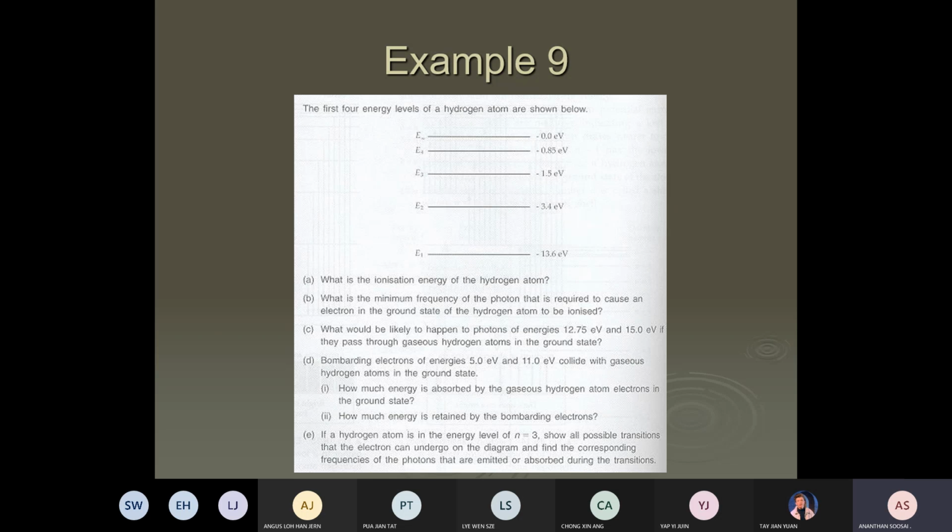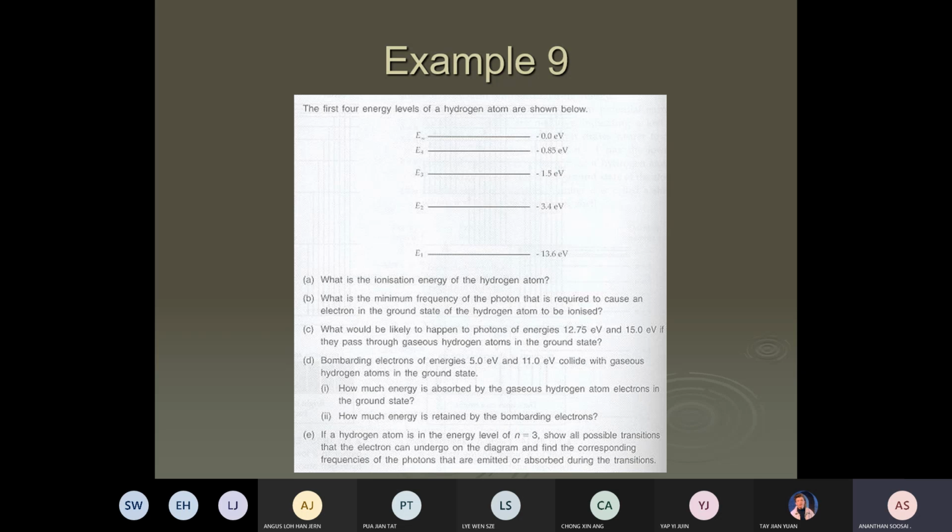Okay. For E, I want you to draw the emission spectrum, where the electron is at n=3, the third energy level. Emission spectrum means the electron emits a photon.